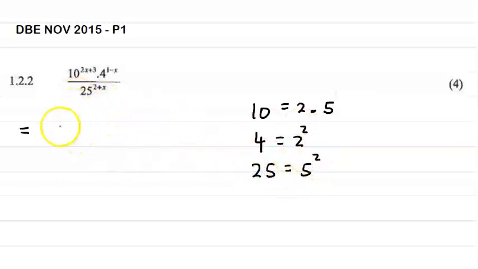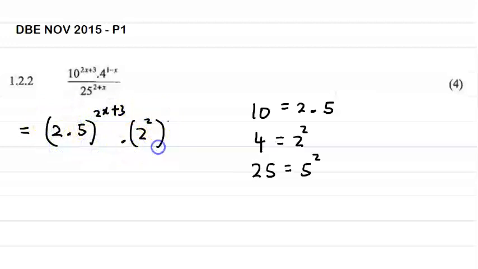So if we can now do that, we'll get 2 times 5 to the 2x plus 3, times 2 squared to the 1 minus x, all over 5 squared to the 2 plus x.